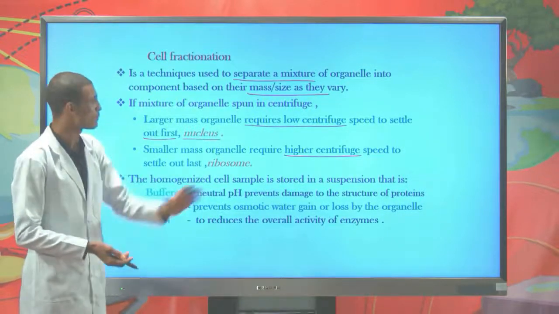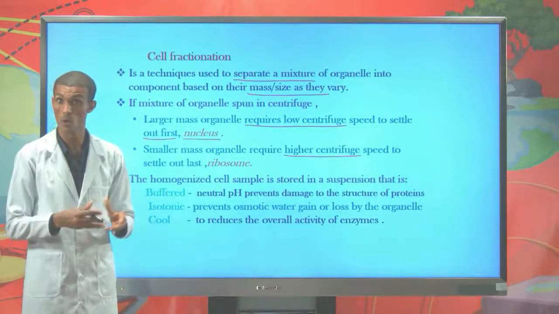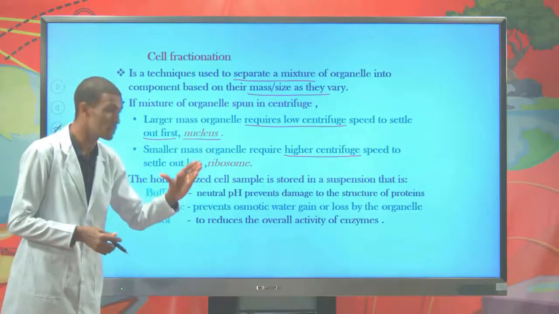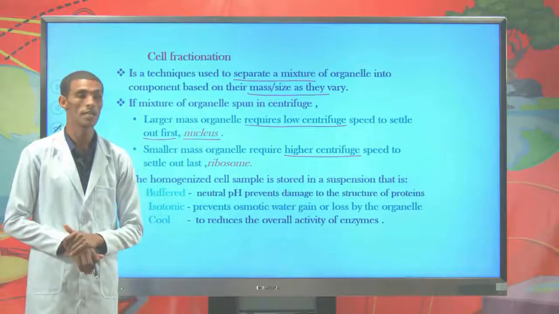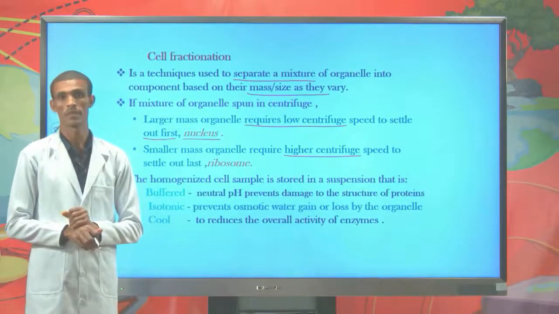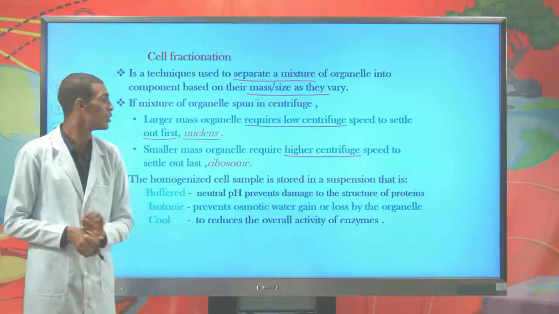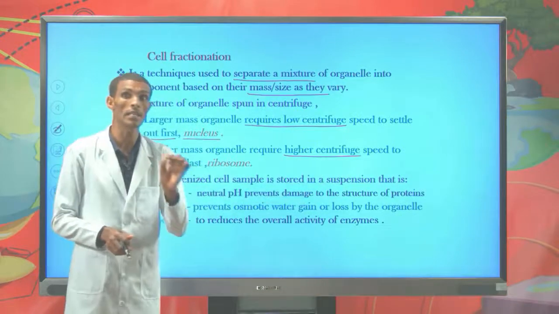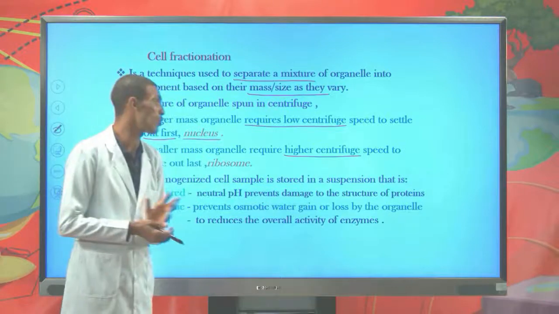When we are undergoing the process, the sample must be homogenized, and this homogenate must be in suspension or solution form. The suspension must be buffered. When we say buffered, it means maintaining a neutral pH, preventing the structure of proteins, such as enzymes, from undergoing any chemical reaction.